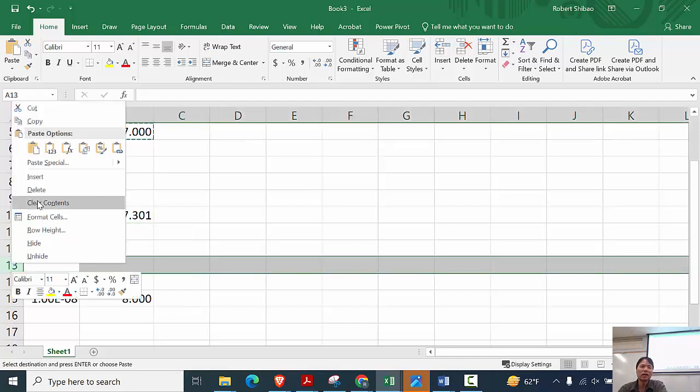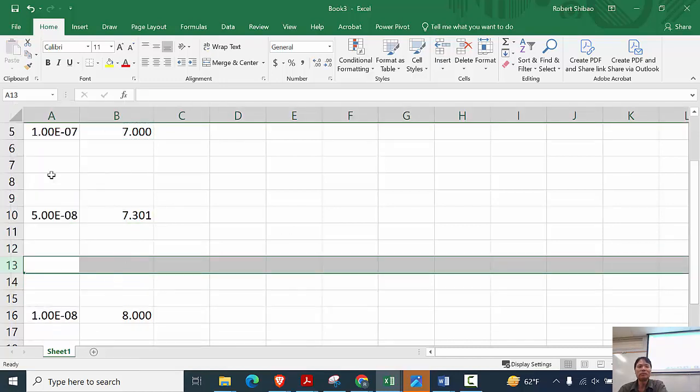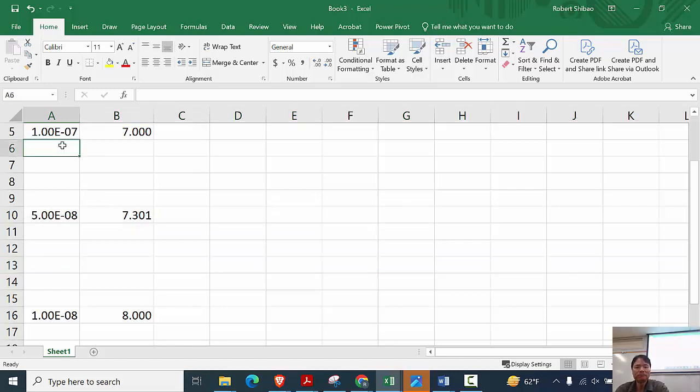Some people are into this. One of the homework problems asks you, if the pH changes by this much, how much did the concentration change? Sometimes they make an empirical equation based on that.